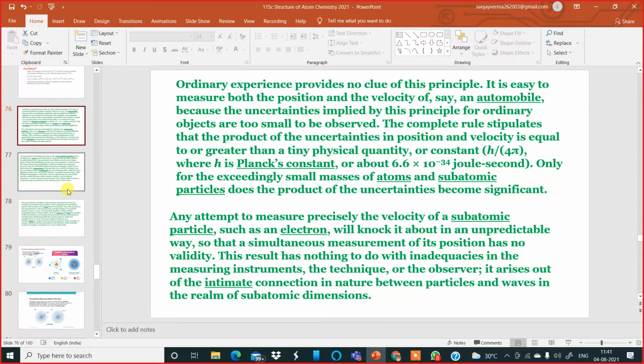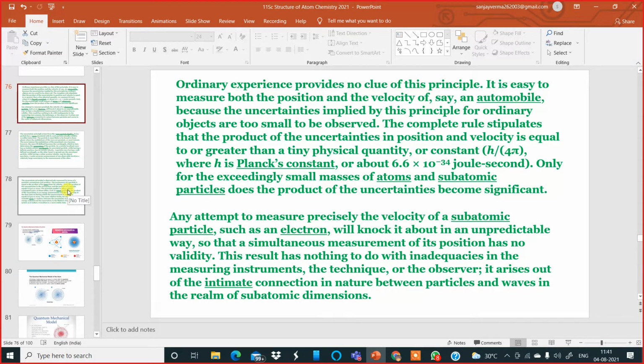So let me explain this paragraph, which is a very, very important paragraph, which will help you later in the study of higher chemistry as well as in competitive examinations. Because I have seen plenty of concept-based questions from this topic, the Heisenberg's uncertainty principle. Now, ordinary experience provides no clue of this principle.